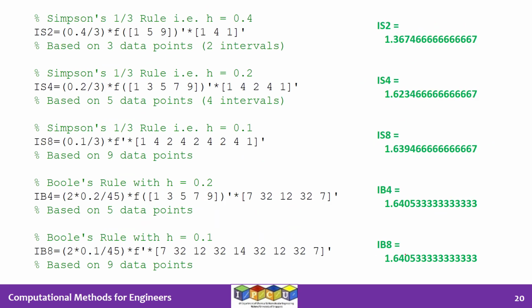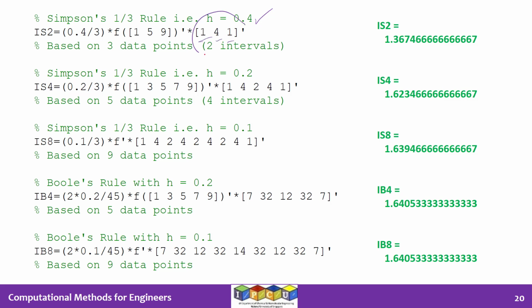Now, if I applied Simpson's 1/3 rule using h equal to 0.4, that means I'm using only 3 data points, specifically data points 1, 5 and 9. And you know the weights for Simpson's 1/3 rule, when you have 3 data points, are 1, 4 and 1.